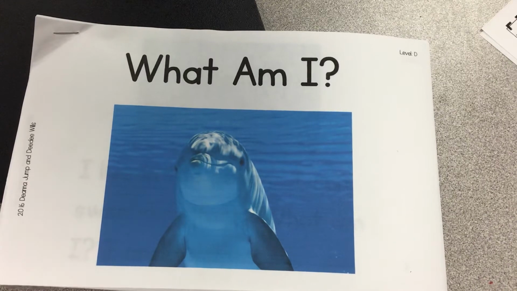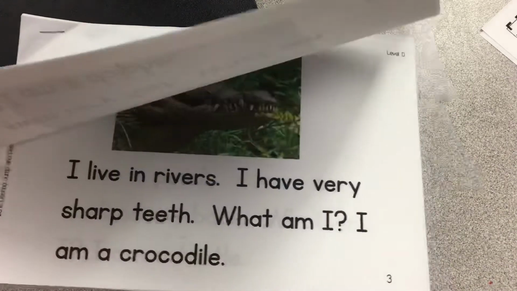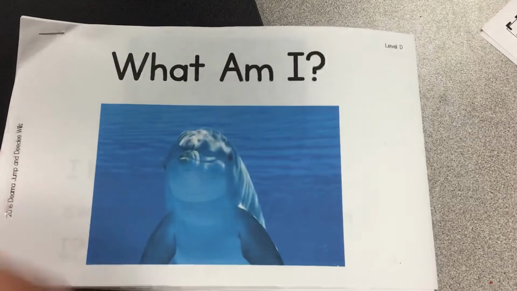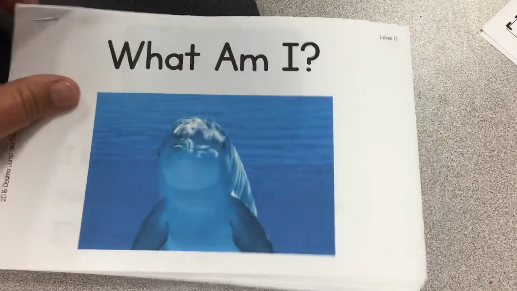Okay, now that you have your animal, where does your animal live? And what's one characteristic about your animal? Tell me something about your animal. Does it have fur? Does it have a shell? Is it big? Is it small? Perfect. You would have added another page to our book inside the middle.